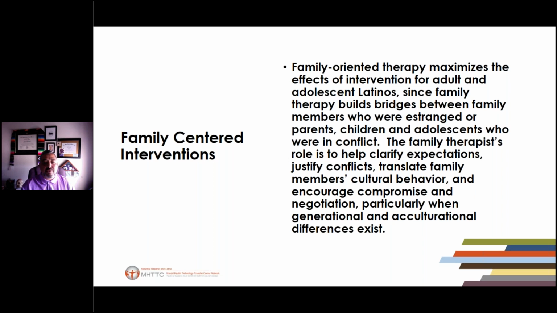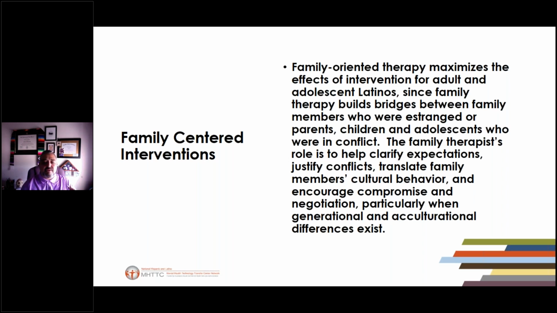It can definitely address conflicts, but let's talk about the positive aspects of family therapy as well. Looking at this from a strengths-based perspective, it can really maximize protective factors. From a very broad kind of start of saying, man, you guys made it here safely and you're here, and those are strengths that many people sometimes pass over.